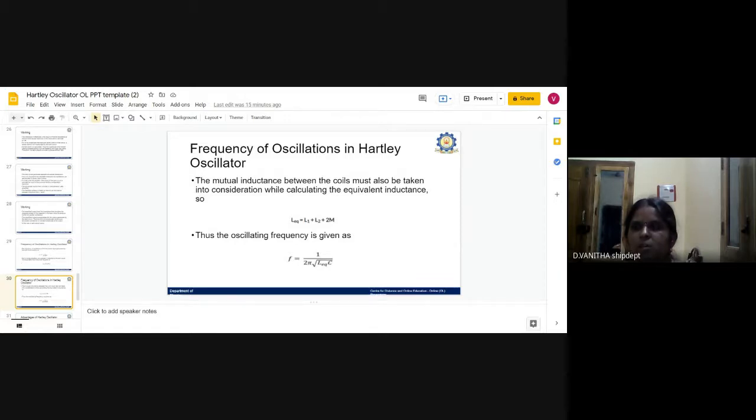The mutual inductance is denoted by the letter M. Here the equivalent inductance is given by L1 plus L2 plus 2M. M is the mutual inductance between the primary and the secondary coil. So due to the mutual inductance, the coil is oscillating with the frequency f is equal to 1 by 2π root of LC.